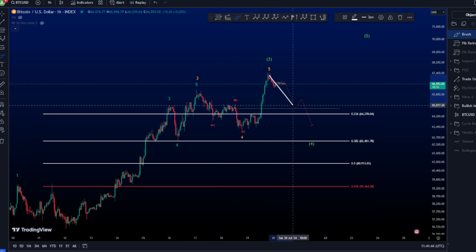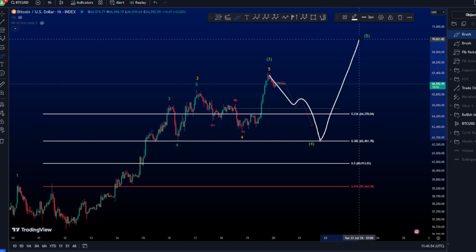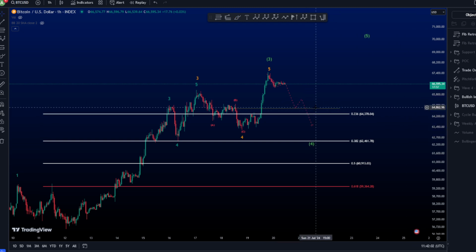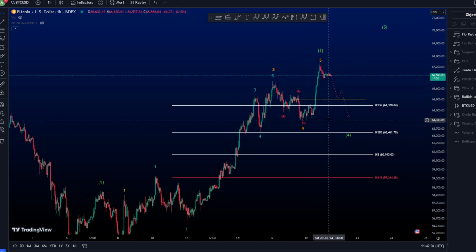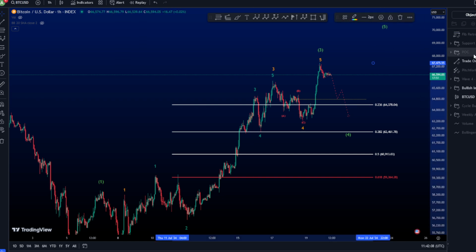So we might see a revisit to 0.38, visiting again the 4 of the previous smaller impulses, and then move up, okay? Which agrees with the scenario that we had before. So this is my scenario here for the impulse.